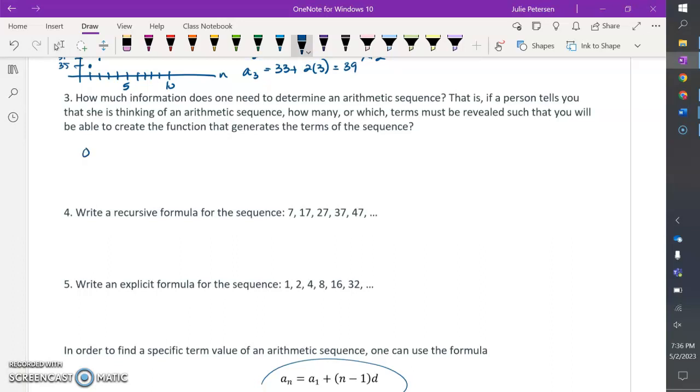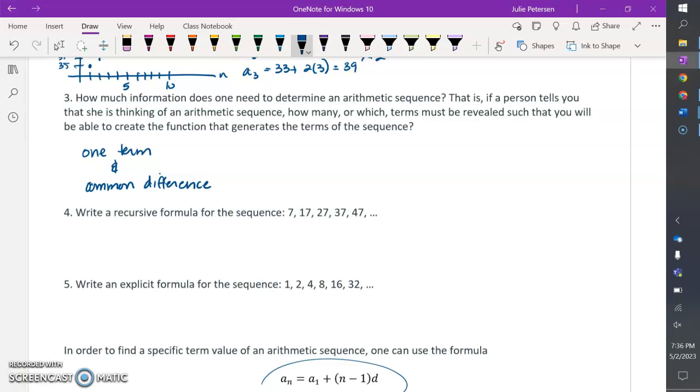We can have one term and the common difference, right? And in a linear equation, that one term is sort of like the point, and the common difference is like the slope, and so you would use the point-slope formula.